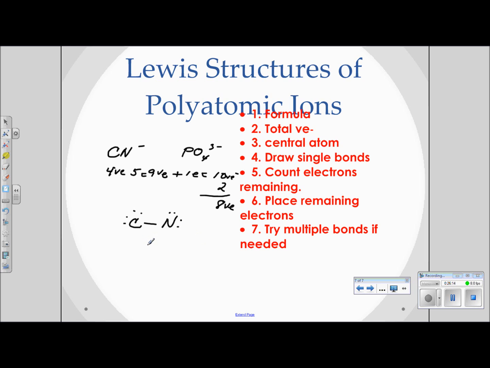All right, and we have placed our 8, but we don't have an octet. Problem. So 2, 4, 6, 2, 4, 6, no octet. Again, this happens to be one that has double bonds or multiple bonds. So I'm going to have to go ahead, erase a pair. Nitrogen says, I'll be a nice guy, and I will share my electrons.